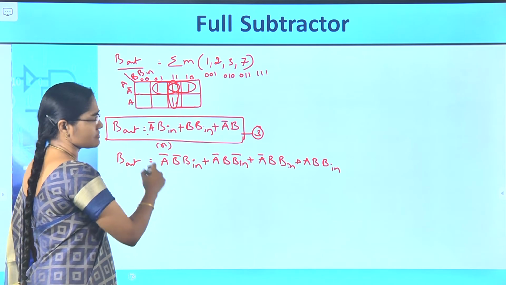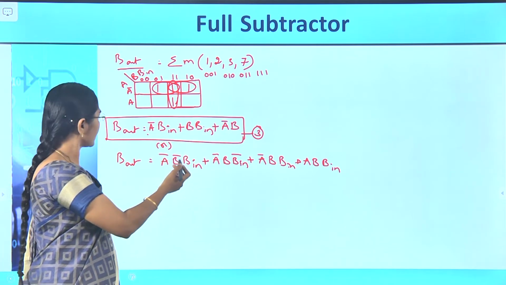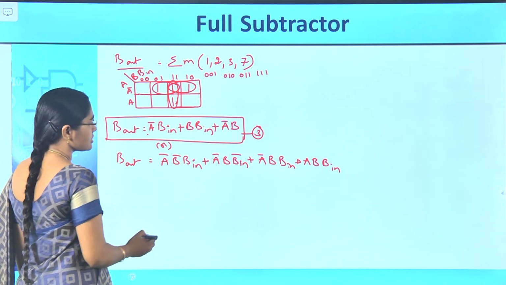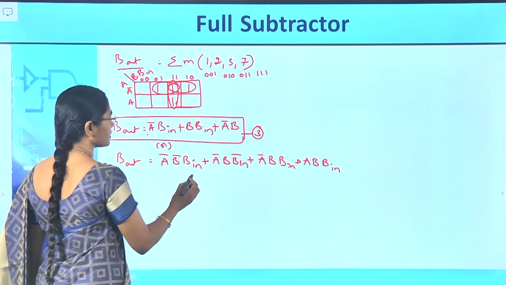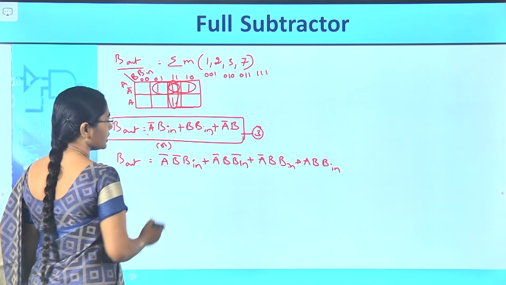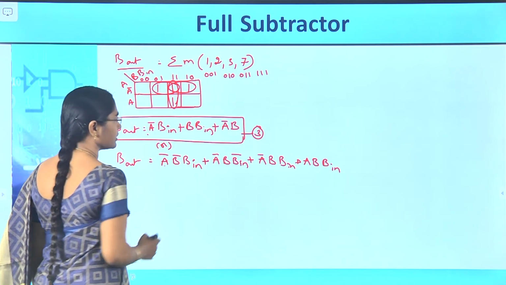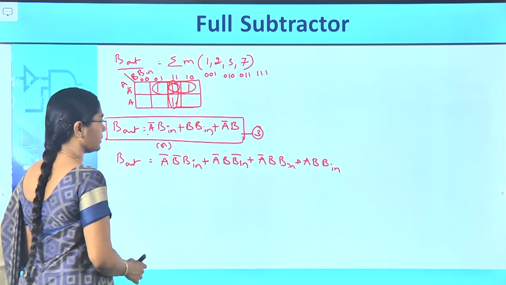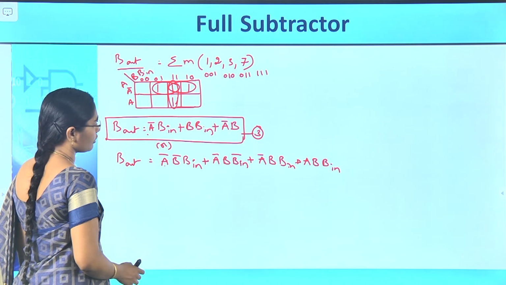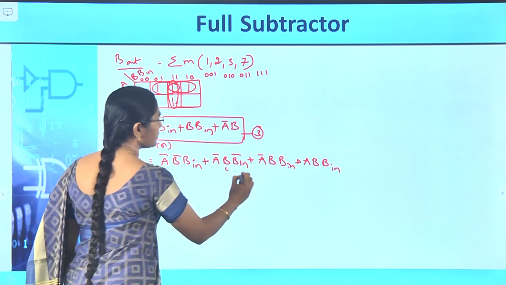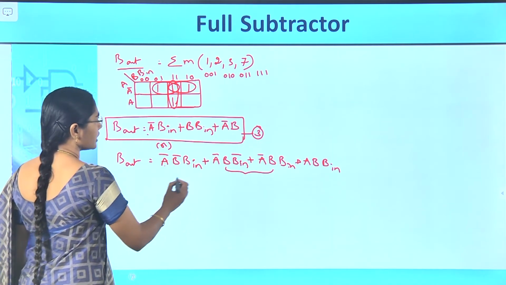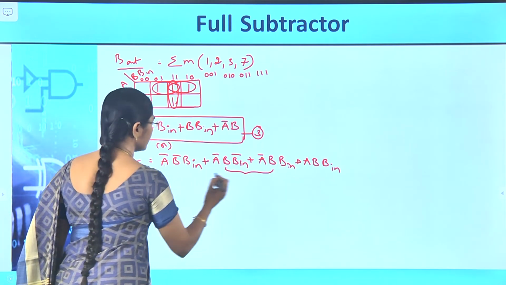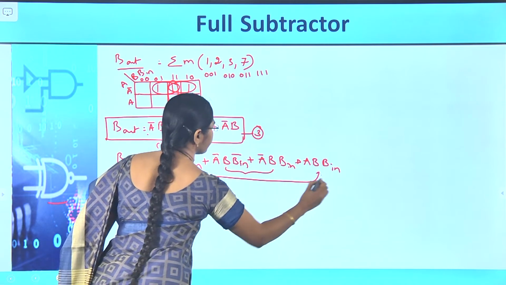Now let's see these minterms for taking anything common to rewrite this. Okay, so see here: A bar B bar B in, A bar B B in bar, A bar B B in, A B B in. We can take a common of A bar B from these two, and B in from the last two terms.